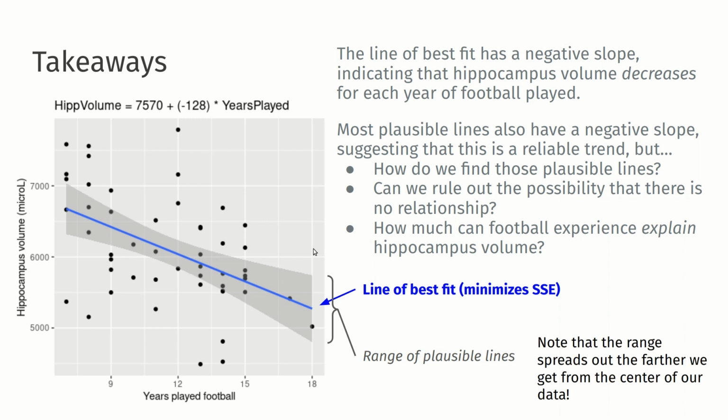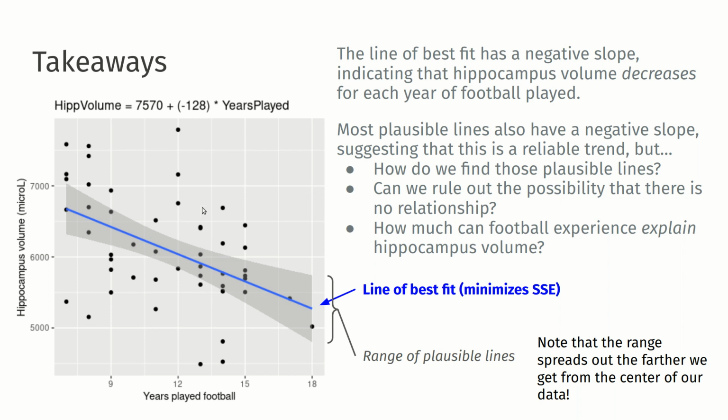Now, one final thing I'll note about this interesting range of plausible lines is that the range spreads out the farther we get from the center of our data. So it's tightly constrained when we're near the middle of our data, but we get more and more uncertain as we go beyond the range of our data.